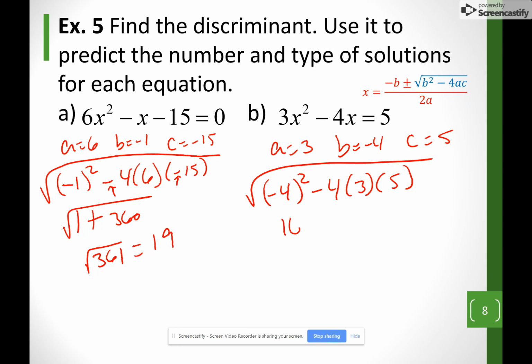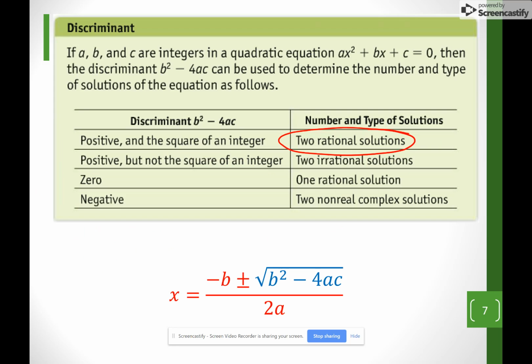So I have 16 minus 4 times 3 times 5, that's 60. 16 minus 60, that is -44. I have my discriminant to be negative. So I'm going to get 2 non-real complex solutions.